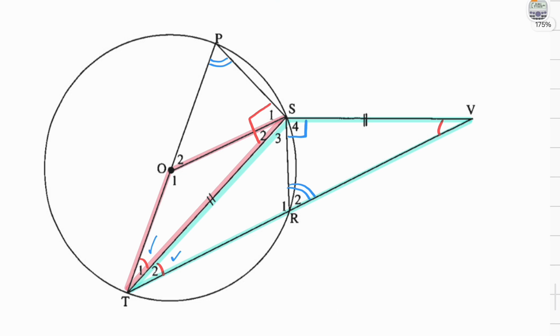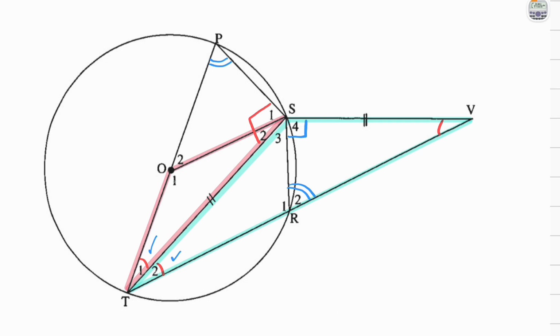Do you see how this creates an isosceles triangle? Because we have a radius over here and a radius there. So this is an isosceles triangle, meaning these two angles, angle T1 and angle S2, are equal. Now we already know that angle V is equal to angle T1. So that would make angle S2 and angle V equal.